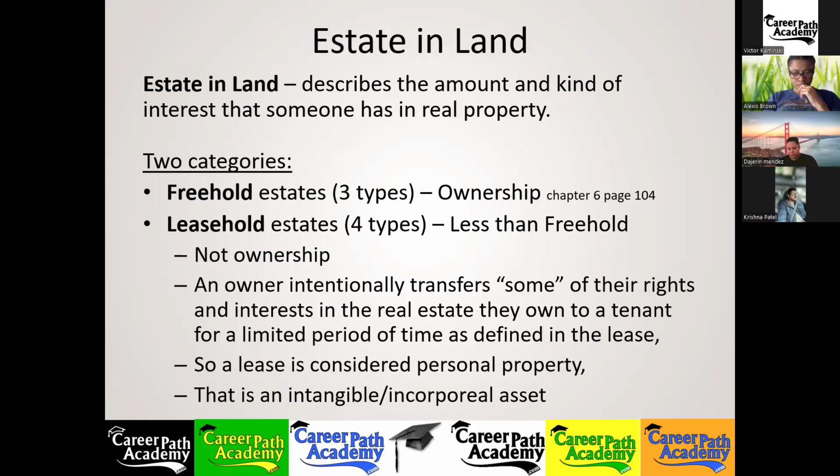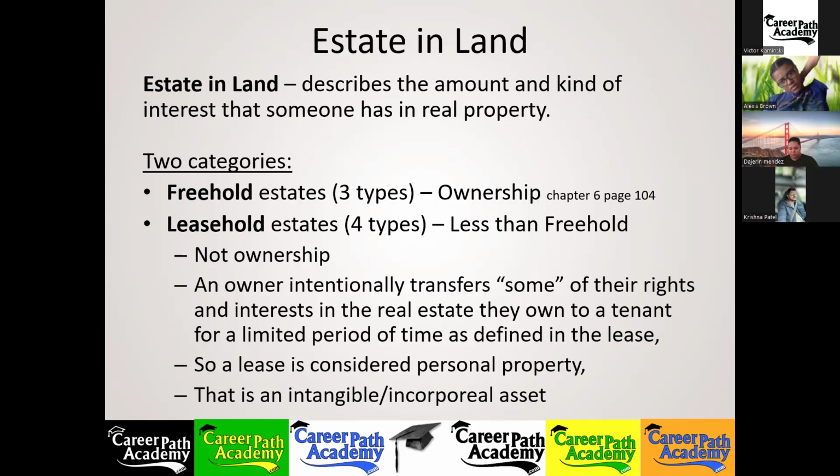There are four types of leasehold estates we're learning in this chapter. They're less than freehold. You're not allowed to hold it forever or a lifetime, and so it is not ownership. A leasehold is when an owner intentionally transfers some of their rights and interest in the real estate they own to the tenant for a limited period of time as defined in the lease.